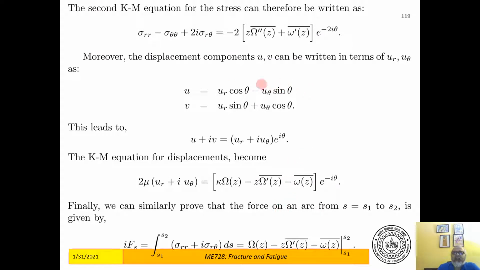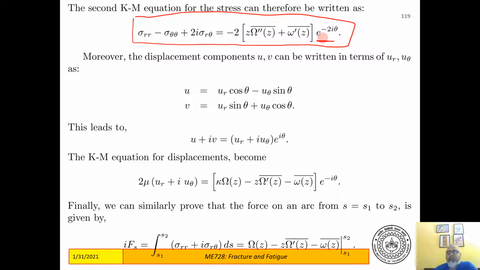The second KM equation is written in terms of sigma rr minus sigma theta theta and these two KM potentials, with e to the power minus 2i theta added to the equations. So these are the KM equations in the cylindrical polar coordinate system.